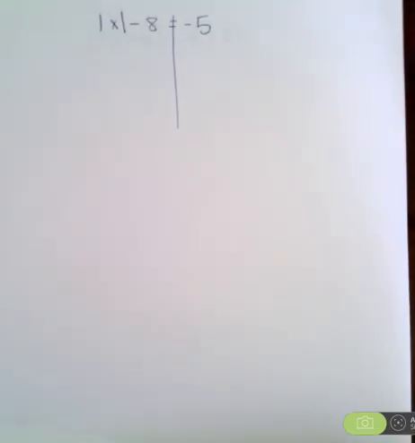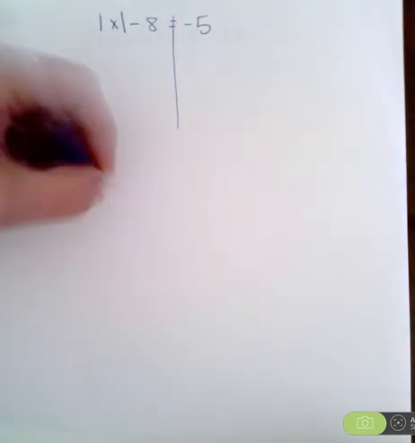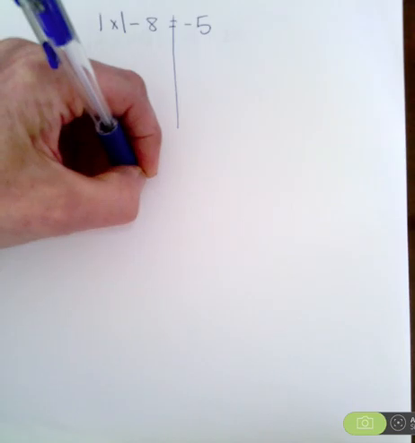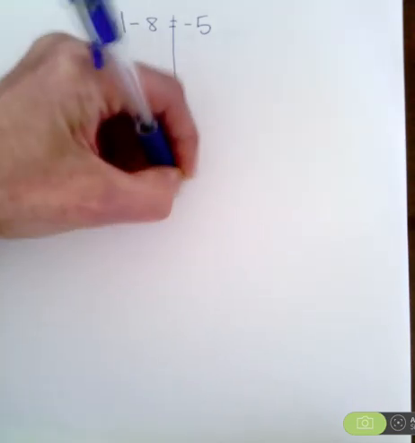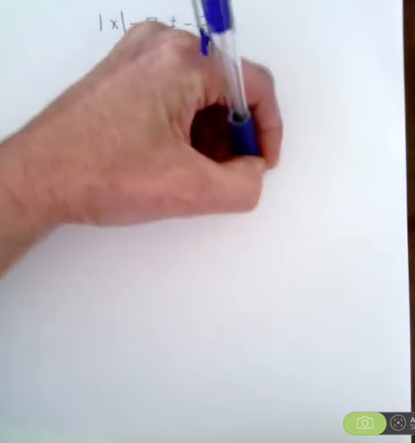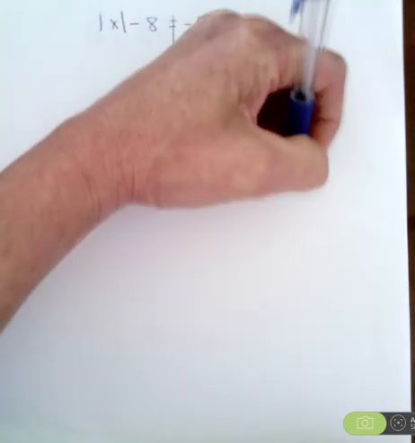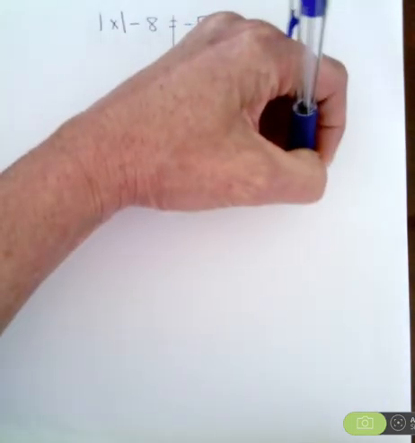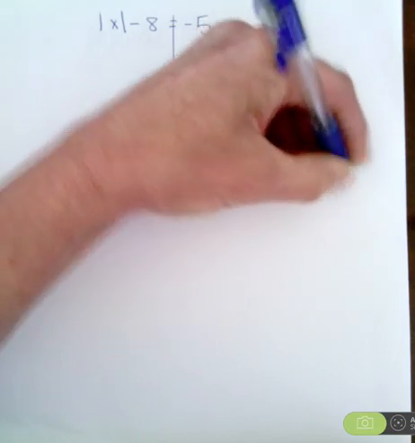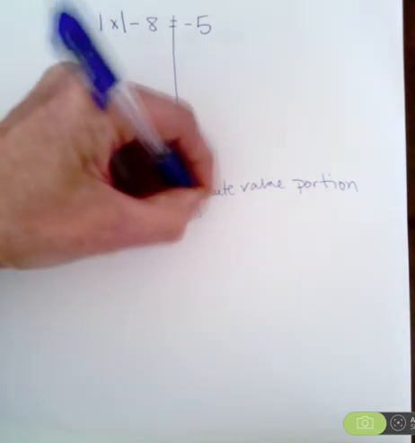The difference is the first step you need to do is to get the absolute value, whatever is inside those symbols, get the absolute value portion all by itself.